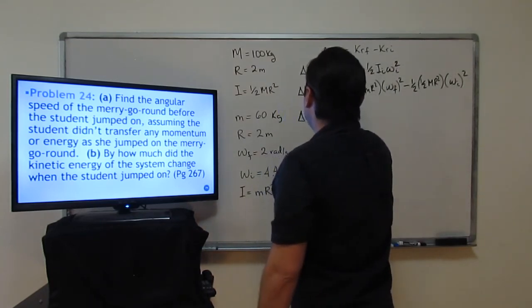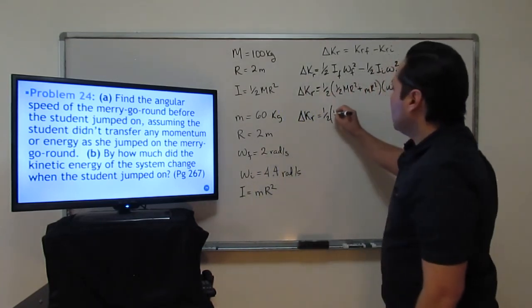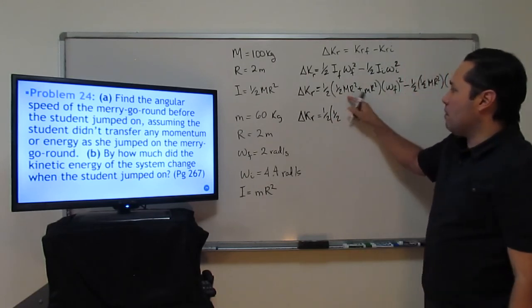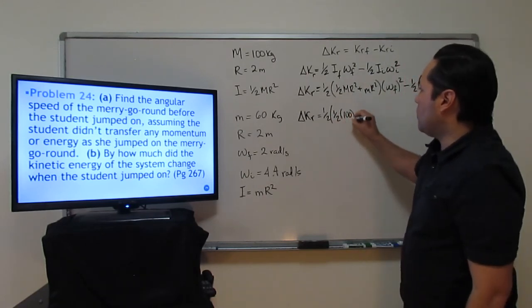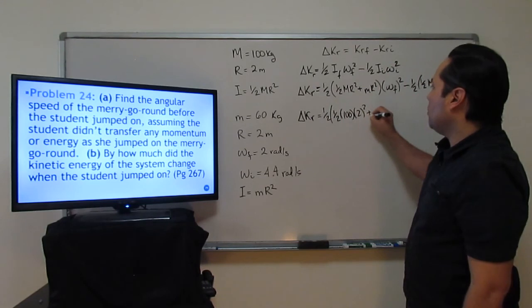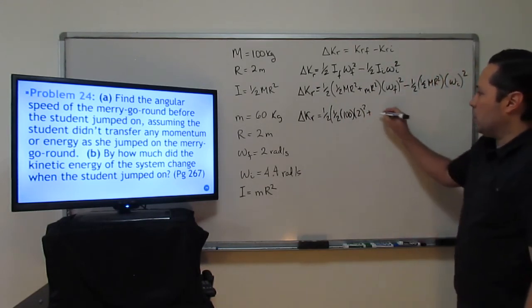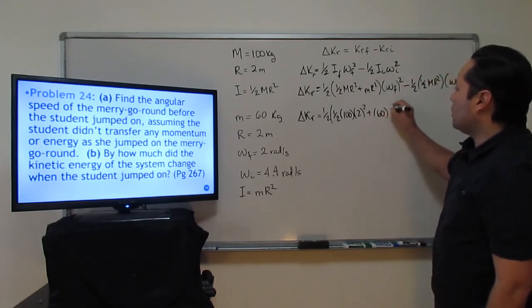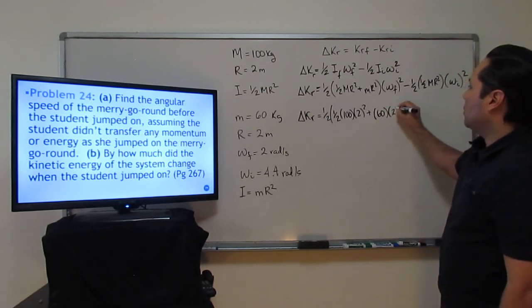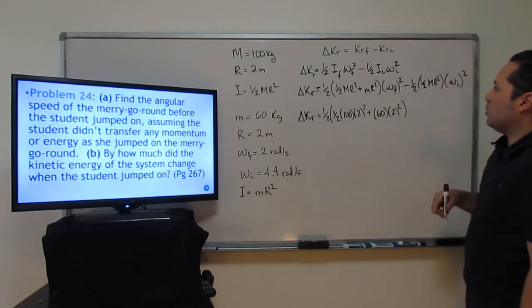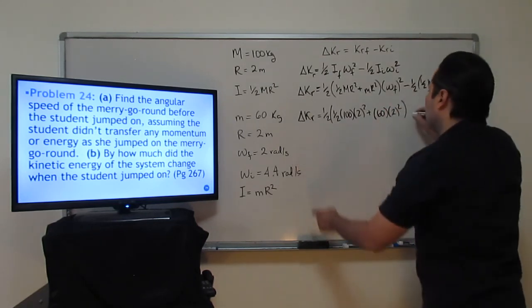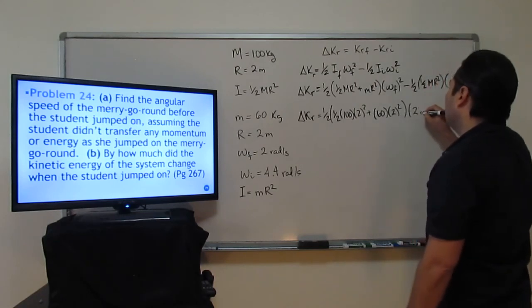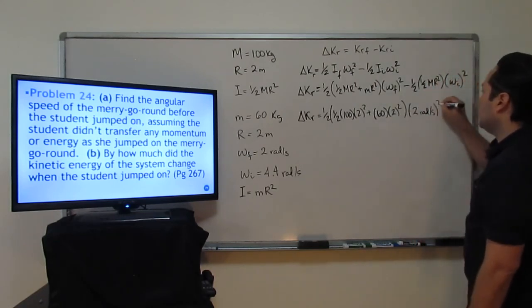So that's going to be 1/2 m, the mass of the disk, 100 multiplied times 2 squared, plus the mass of the student, which is 60 at 2 meters squared, multiplied times the angular speed final, which was 2 rads per second, and that is squared.